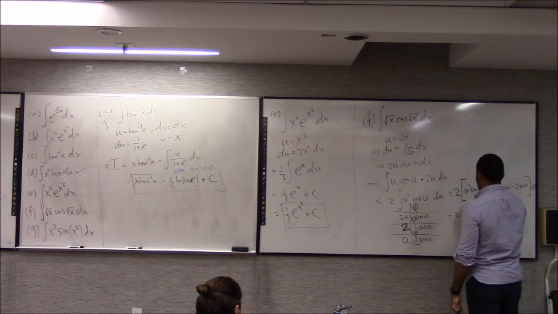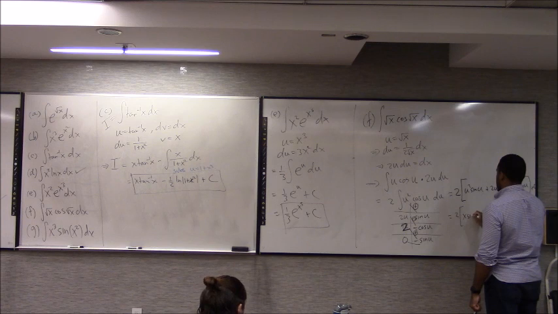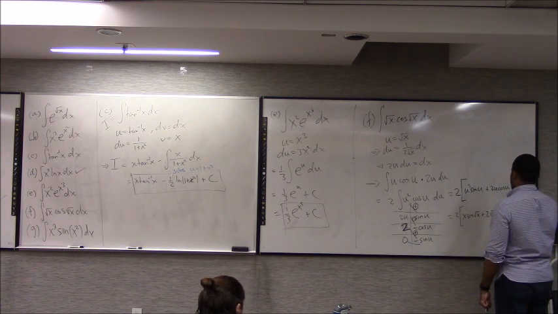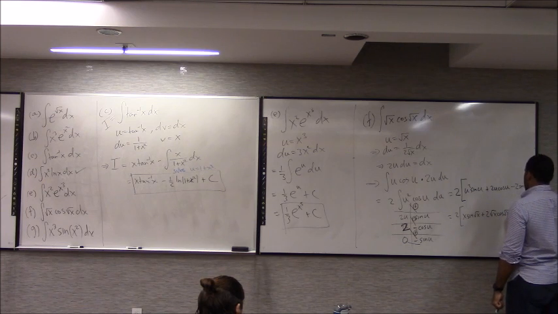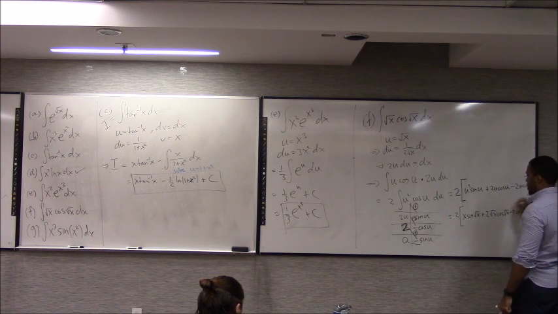So we're going to have 2 times, the u was radical x, so that just becomes 2x sine radical x plus 2 radical x cosine radical x minus 2 sine radical x plus c.